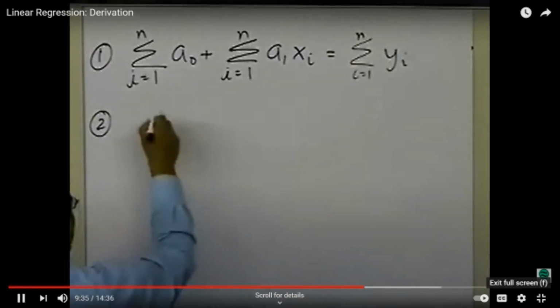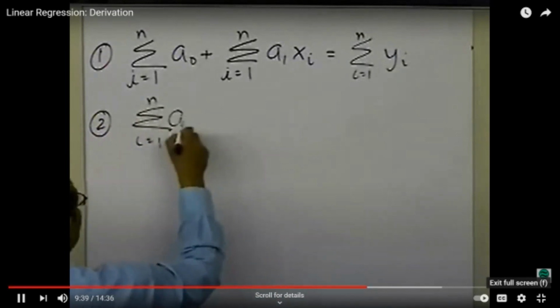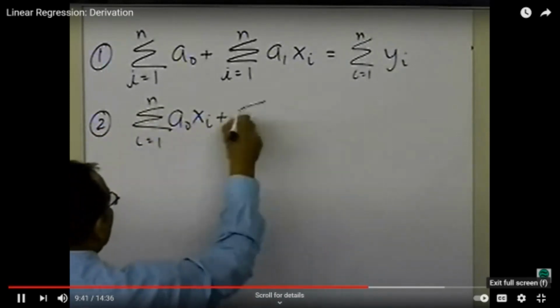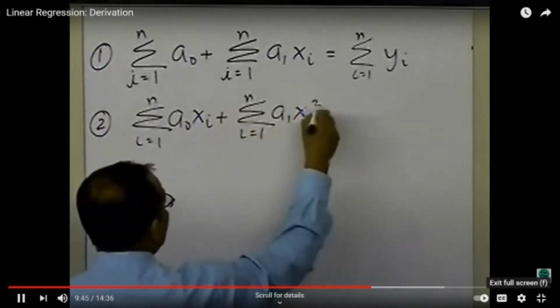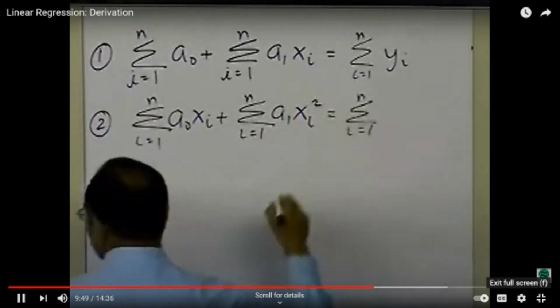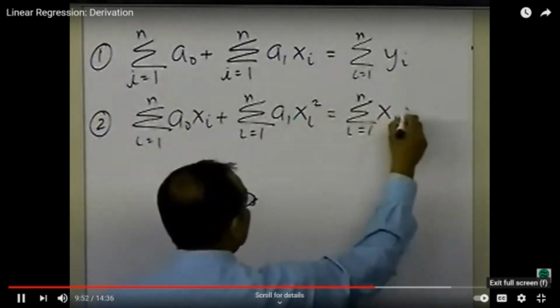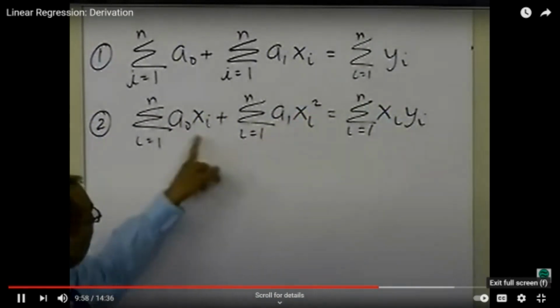The second equation will be summation i equals 1 to n a0 x of i plus summation i equals 1 to n a1 x of i squared equal to summation i equals 1 to n x i y sub i.